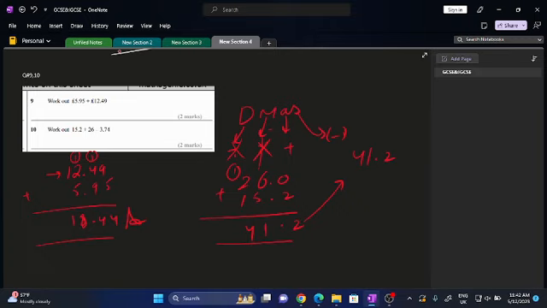41.2, the decimal point should be in line, and that can be written as, this is 41.2, yeah, 41.2. So here would be 7, and here would be 4 actually.